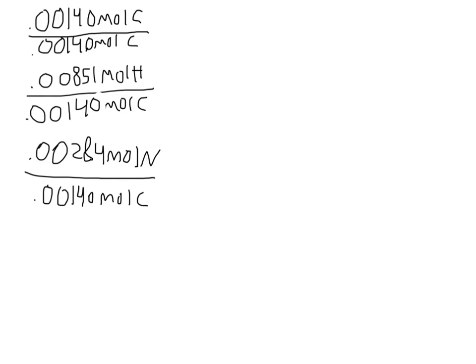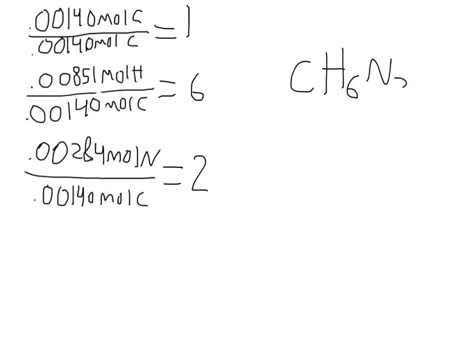So moles of carbon divided by moles of carbon is 1, moles of hydrogen divided by moles of carbon is 6, and moles of nitrogen divided by moles of carbon is 2, giving us an empirical formula of CH6N2. So we've solved half of the problem.